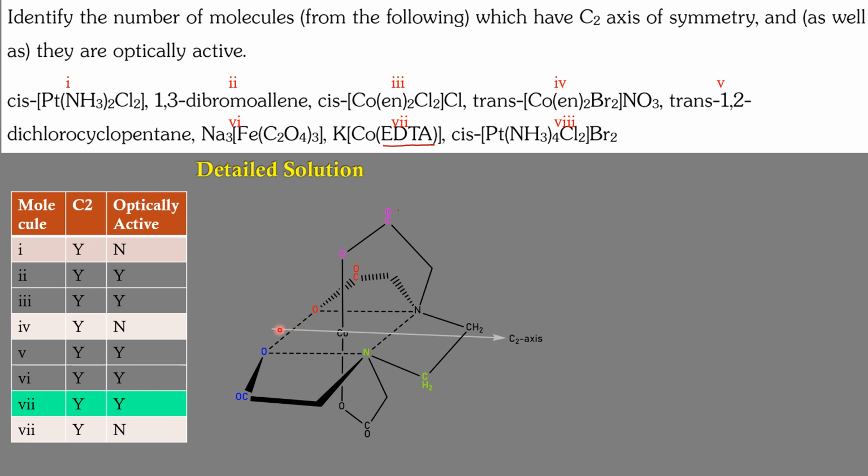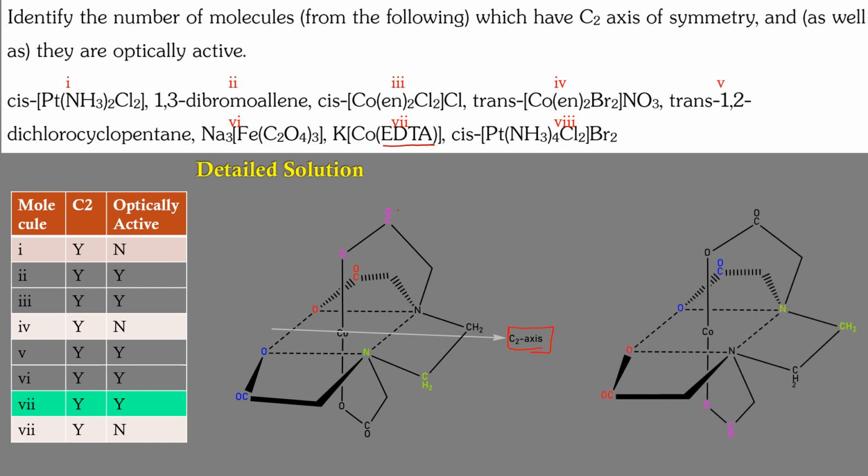Now if we talk about this particular axis, again we do horizontal flip, we'll see that this axis we have represented is going to be a C2 axis, because if you rotate by 180 degree, you will find this molecule is going to be looking identical. This is not any way different.